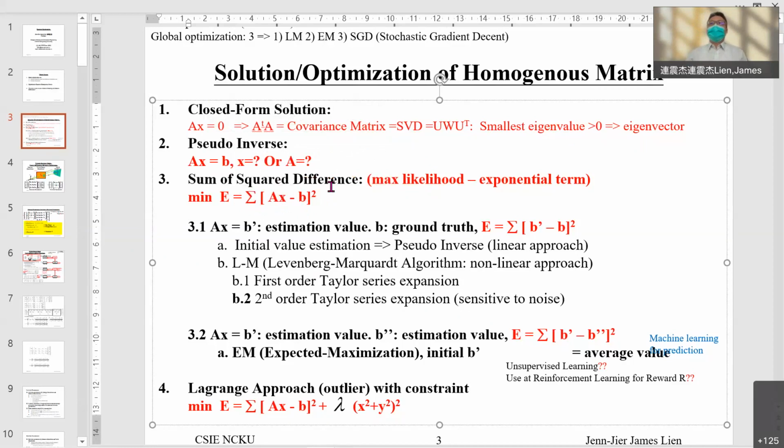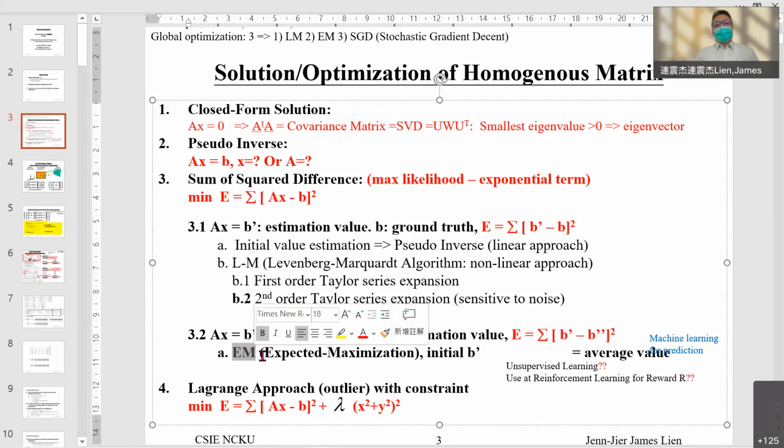However, gradient descent is not the best method because it's easy to get trapped in local minima. But in machine learning, they use better methods. One is the LM method. The second one is the EM method.